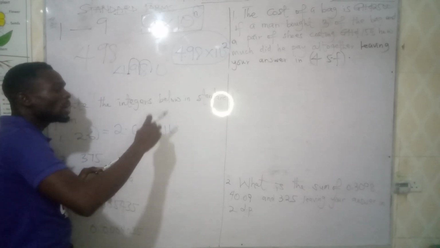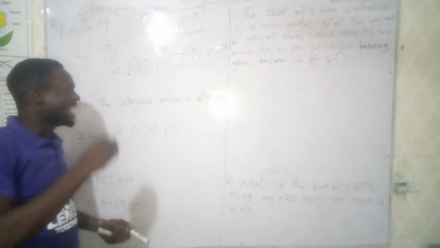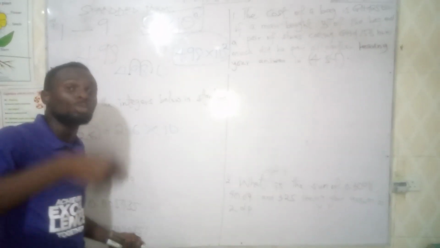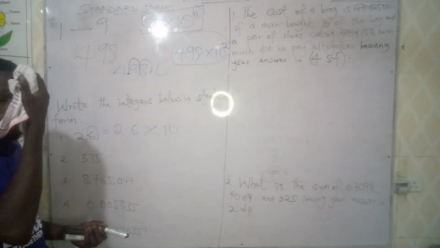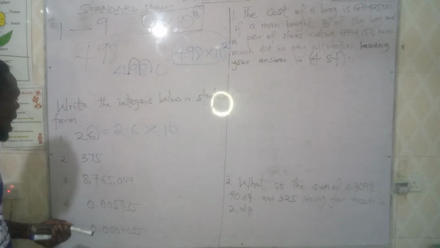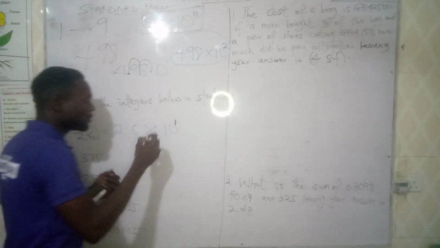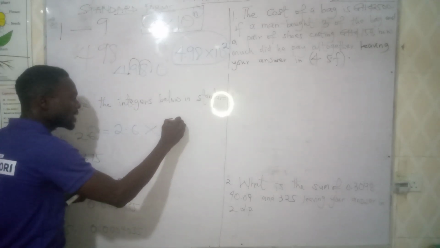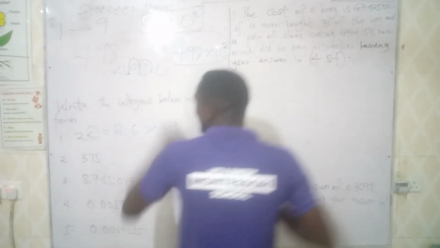And the 10 is going to be raised to a power. Now this power is the number of times you moved. How many times did we move? We moved once. So I moved 1, and therefore my power of 10 is going to be 1. And also I moved to the left.